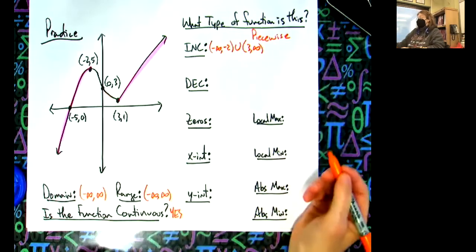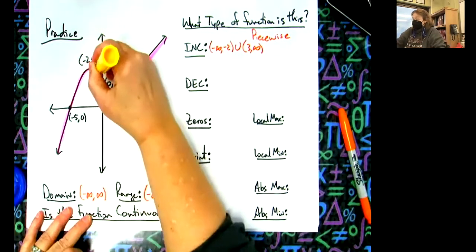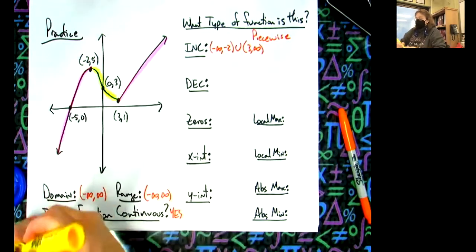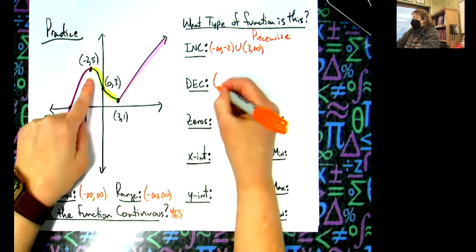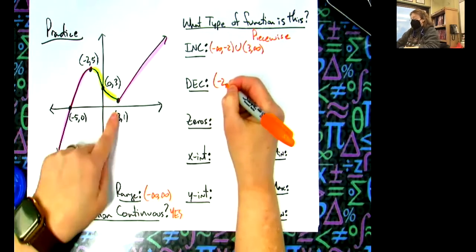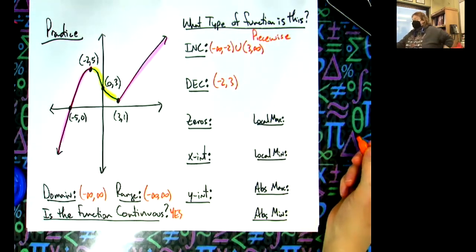So I use intervals. The only decreasing portion of the function is right in here. Again, using x values and always curly brackets, the decreasing portion goes from -2 to the x value of 3.